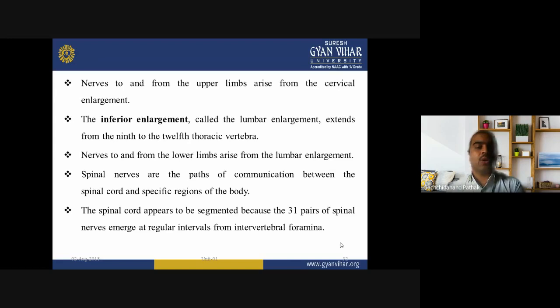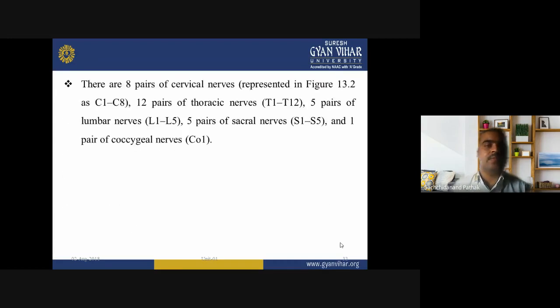अब spinal cord segmented होगा because there are 31 spinal nerves जो emerge होते हैं at the foramina. So there are 8 pairs of cervical nerves, C1 to C8.